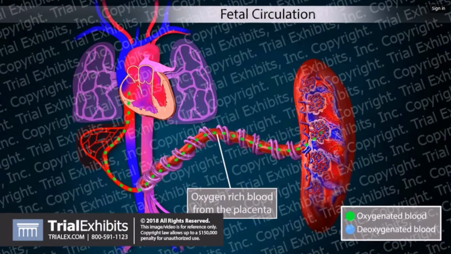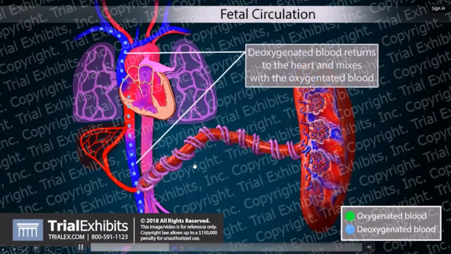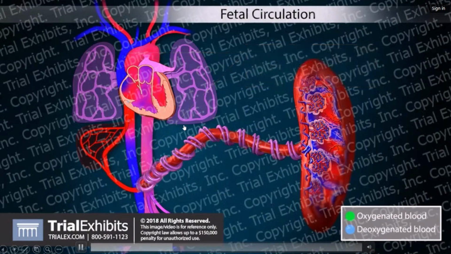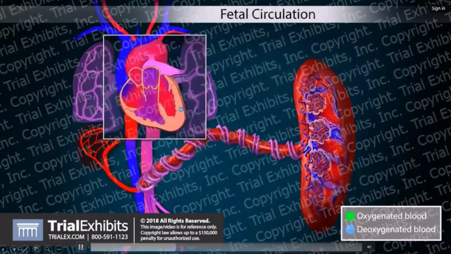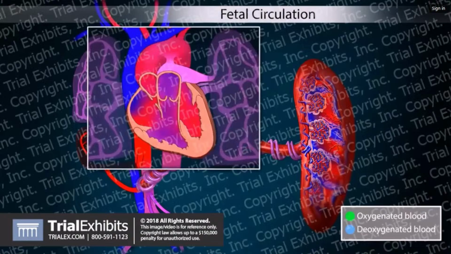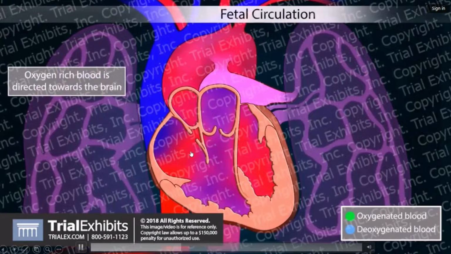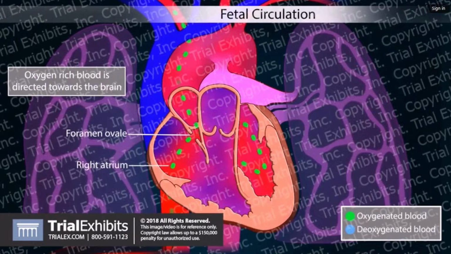From IVC, from right atrium, the blood flows through foramen ovale and to left atrium, then to left ventricle, and the blood goes through ascending aorta and body receives oxygenated blood.